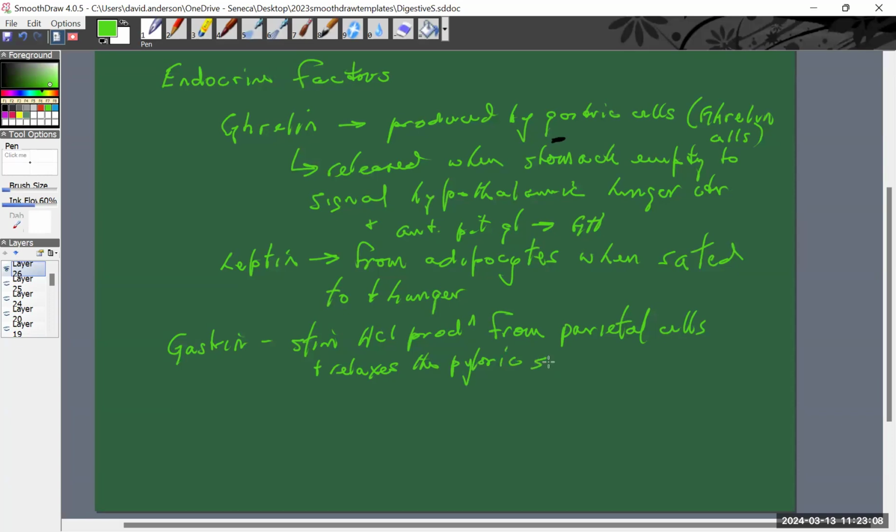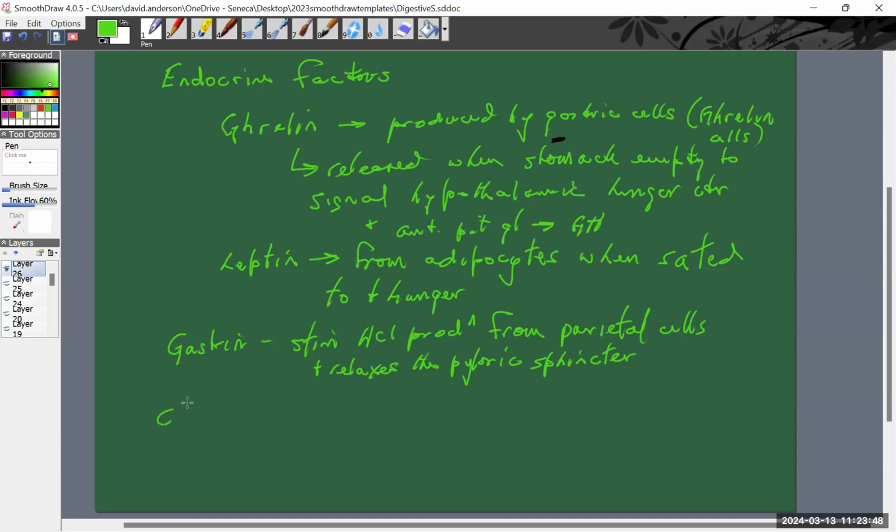So if we relax the pyloric sphincter, what's the significance of that? The pyloric sphincter was a sphincter that emptied into the duodenum. So if we relax it, what happens? Get acid into the stomach. Yeah, so this is one of the ways we're going to deliver chyme from the stomach into the small intestine. Makes sense that if we're producing gastric secretions and we're initiating both that mechanical and that chemical digestion in that process, that we're going to want a place to go to once we've done that. So gastrin levels help relax that sphincter.